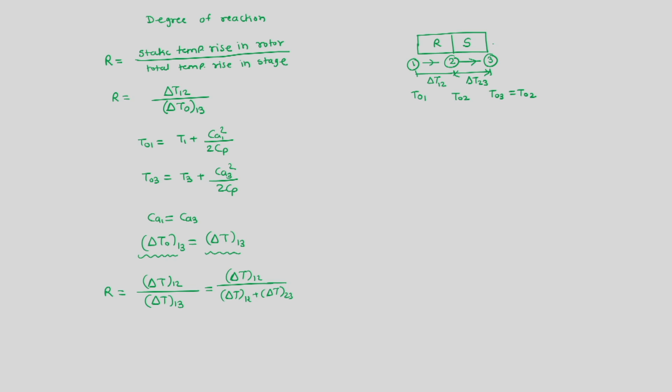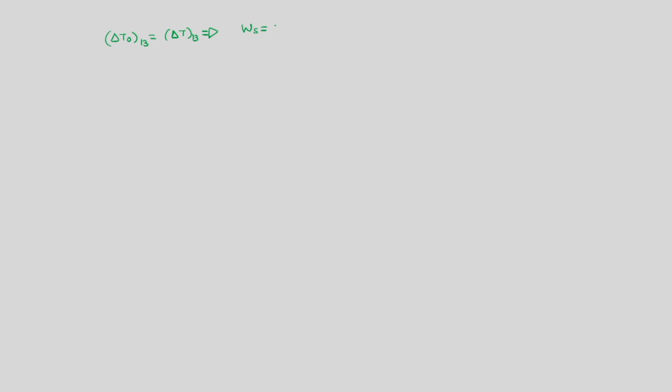Now we should know delta T naught 1 3 in the case of an axial compressor. It can be found out from the stage work, which is Cp into delta T naught stage, and for our case this is U Ca into tan of beta 1 minus tan of beta 2.